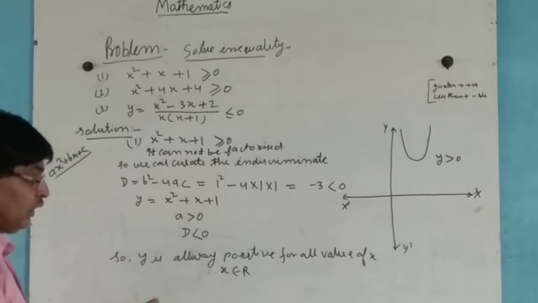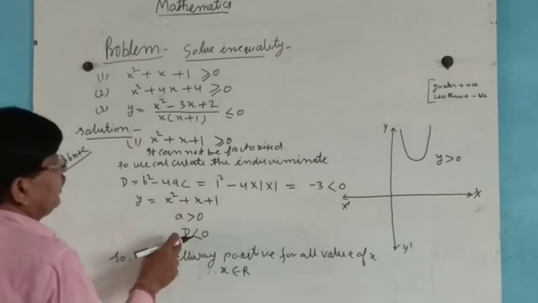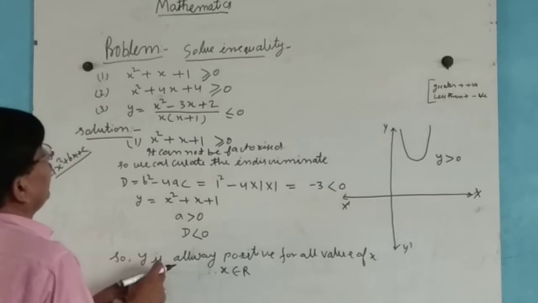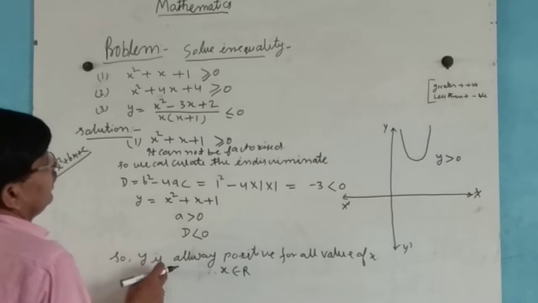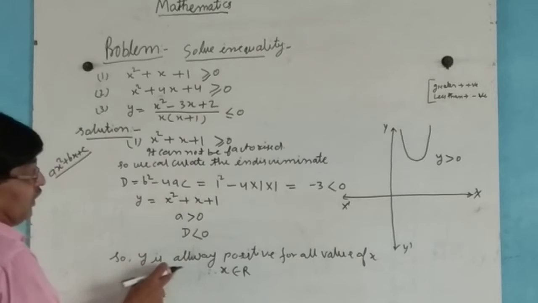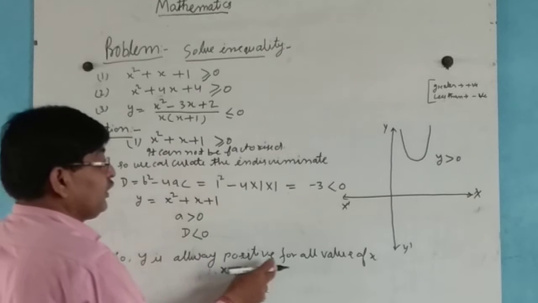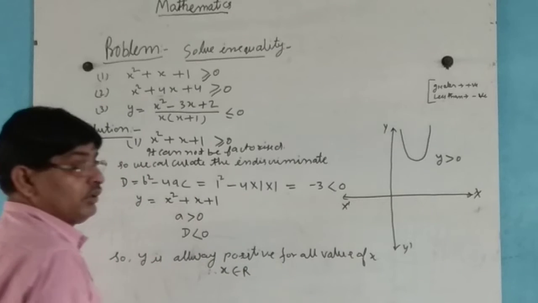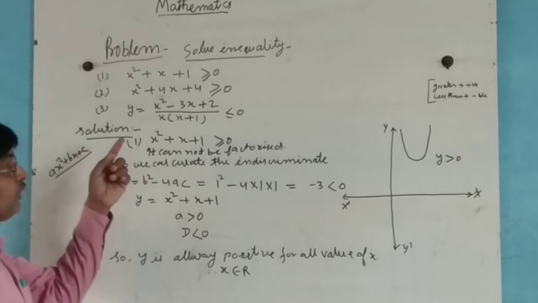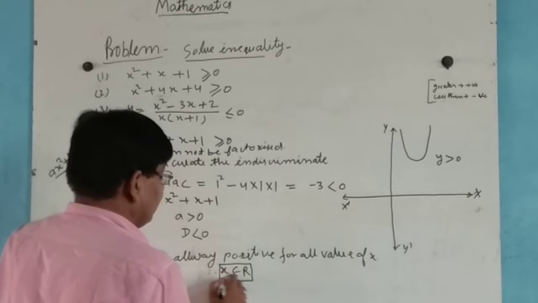So a is greater than 0 and D is less than 0, so y = x² + x + 1 is always positive. y is always positive for all values of x. So x belongs to R. This is our answer.